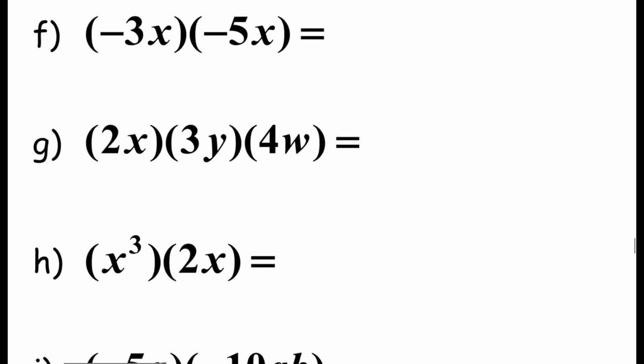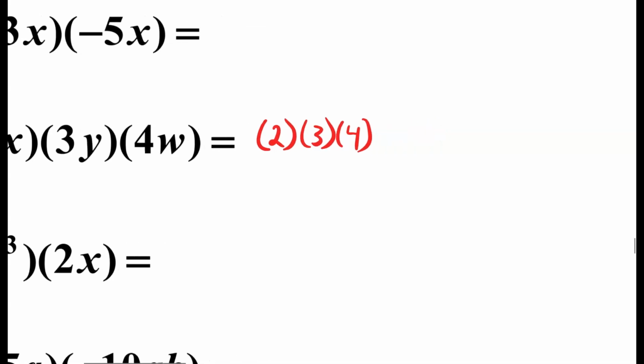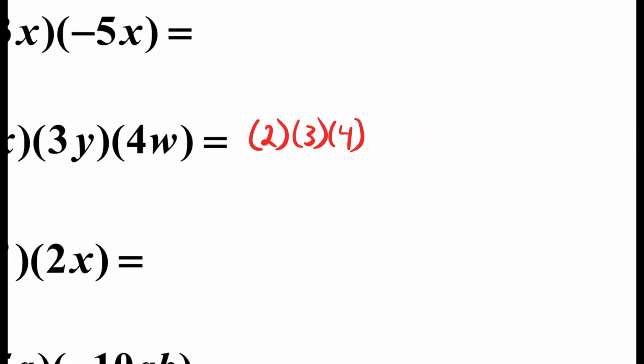So what we're looking at is 2 multiplied by 3 multiplied by 4, and then we'll have x, y, and w listed after that. So 2 multiplied by 3 multiplied by 4 equals 24. And then we have in alphabetical order w, x, and y.